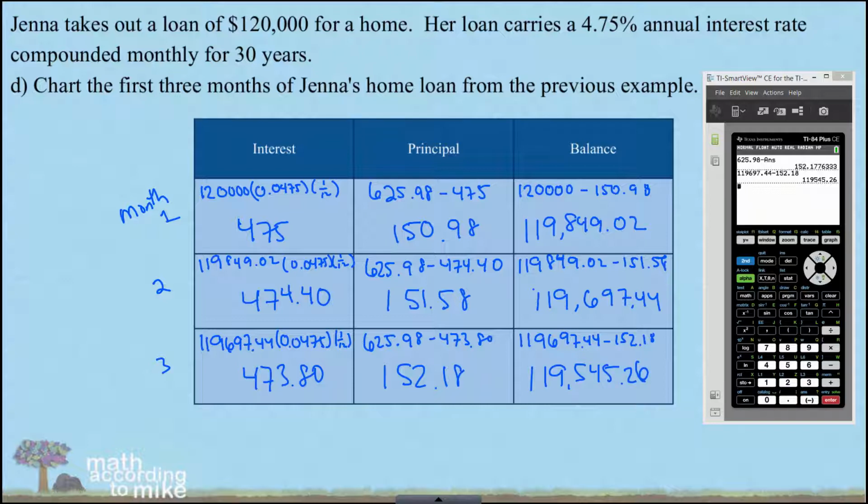So she's paid over $1,800 at this point, but the balance has gone down by $455 and some change. Yay!